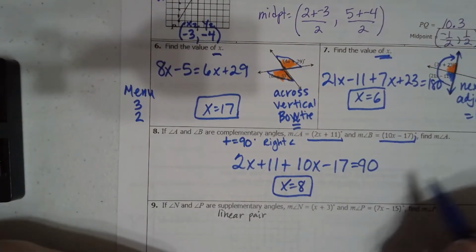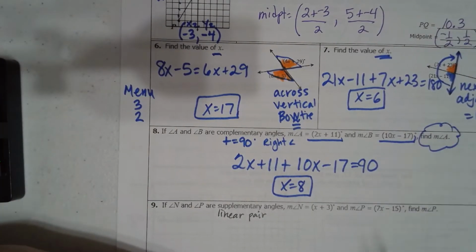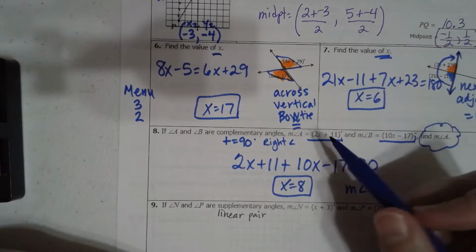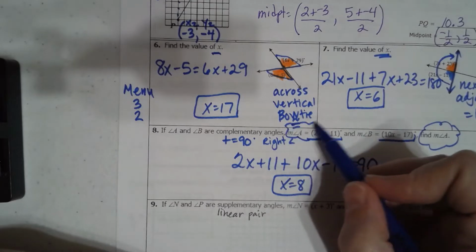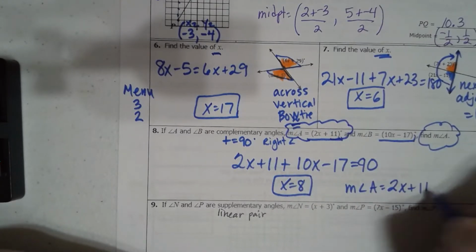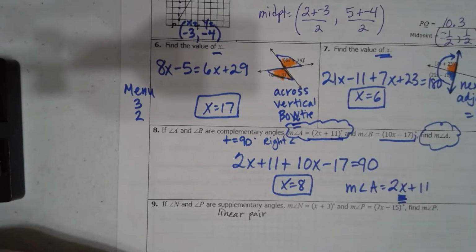So the question says, find the measure of angle A. Did we find the measure of angle A? Thank you for saying no. We solved for x. So what do we know about the measure of angle A? Where is that in our problem? Right here, angle A. 2x plus 11. What did we just find out about x?